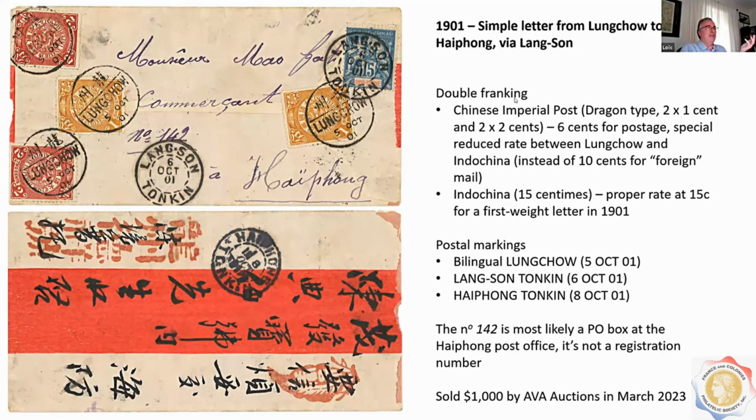So we have this simple letter again with the 6 cents from Langzhou and then 15 centimes for Indochina. No problem there. The number 142 is probably the PO box in Haiphong. That's not a registered letter, still a beautiful cover. So I'll let you decide.